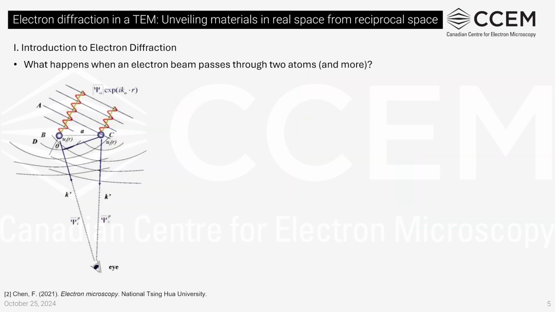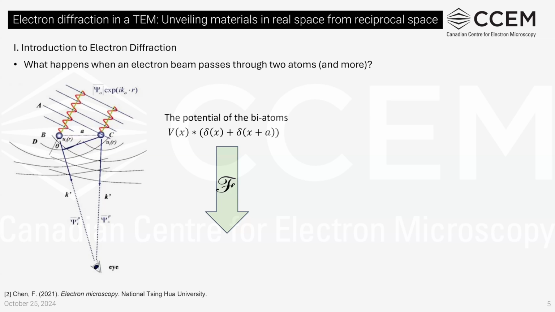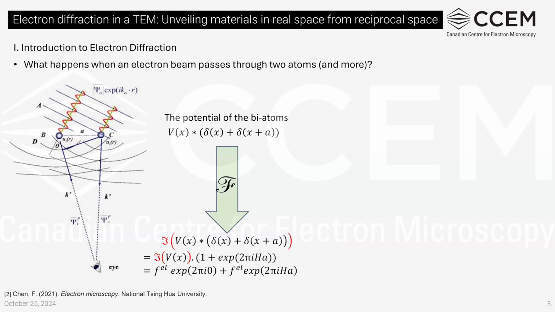Then, what happens when an electron beam passes through two atoms? And this is the electrostatic potential of the biatoms. What are we going to get in the Fourier space? The Fourier transform of the biatom's electrostatic potential.